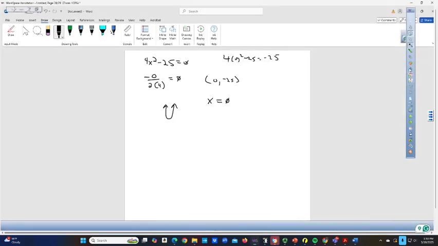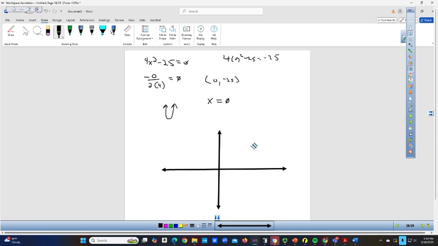So if I was graphing that, this is another one that requires a little bit of imagination because (0, negative 25) is our vertex, right? Which also happens to be our y-intercept, okay? You're always going to have a y-intercept for a parabola. You're not always going to necessarily have the x-intercepts, all right?